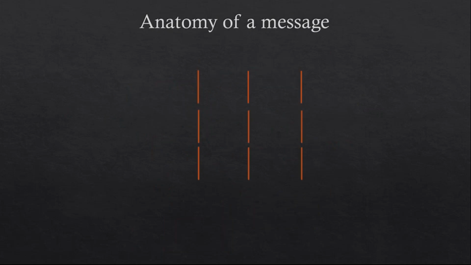So let us quickly look at the anatomy of the messages, just to get a slight overview of what HL7 is and how HL7 message structures are generated. Before looking at that, let's take a small example.